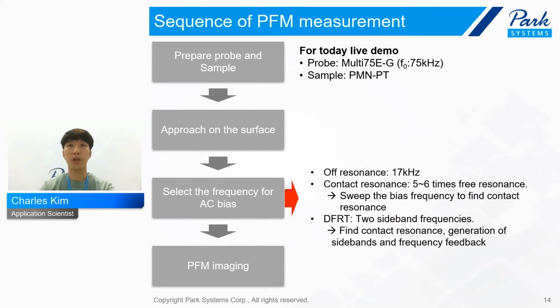Then you can find the contact resonance at about 6 times that frequency. And for the DFRT there is one more step: after finding the contact resonance, you need to generate two more sidebands near the contact resonance frequency. After that, if you do the frequency feedback, that is the DFRT-PFM.